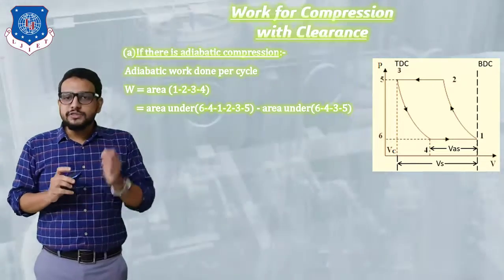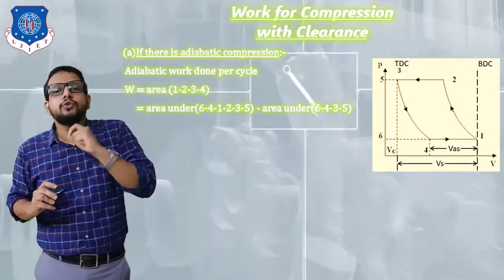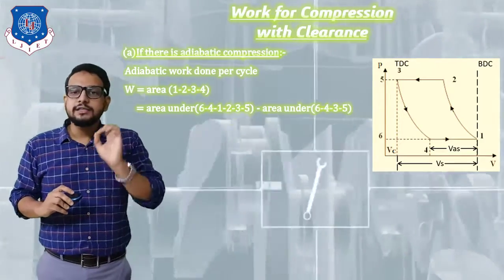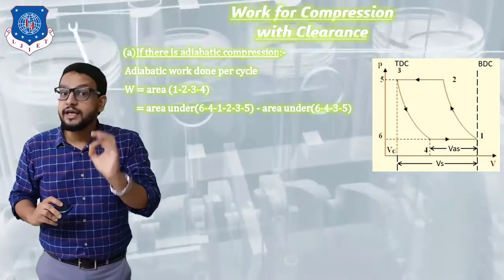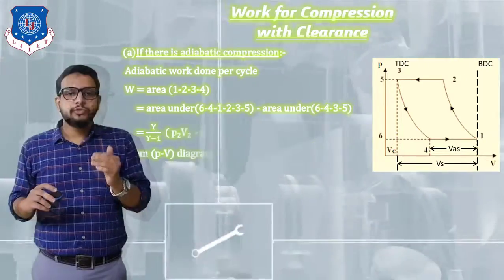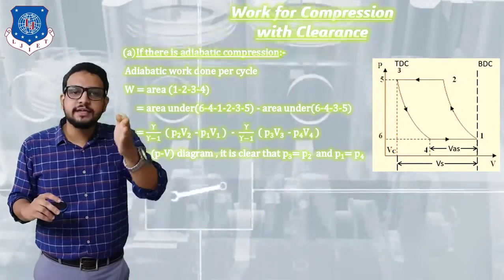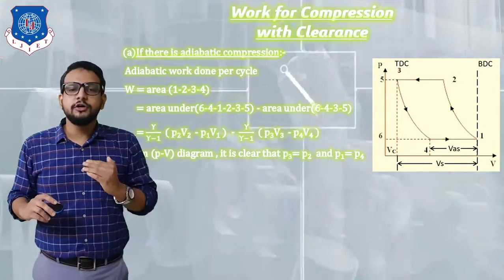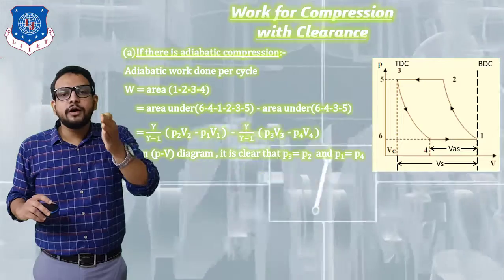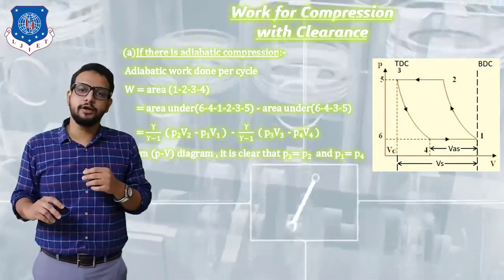Now if you see carefully, the area under 6, 4, 1, 2, 3, 5 resembles our case of compression without clearance. Remember that case. So in this step I have directly written the result, as we have already seen how to determine this: gamma upon gamma minus 1 P2 V2 minus P1 V1.